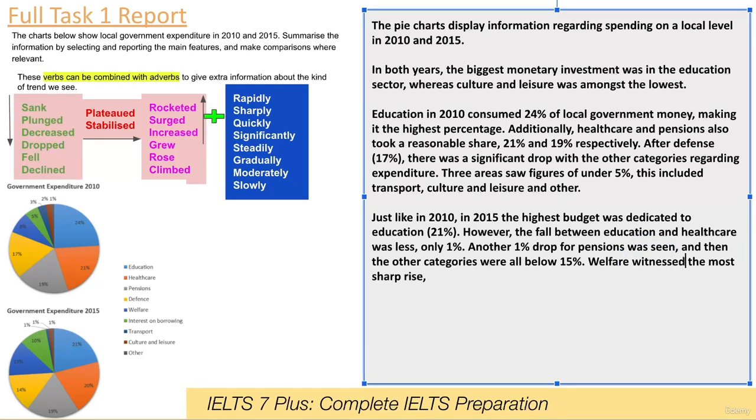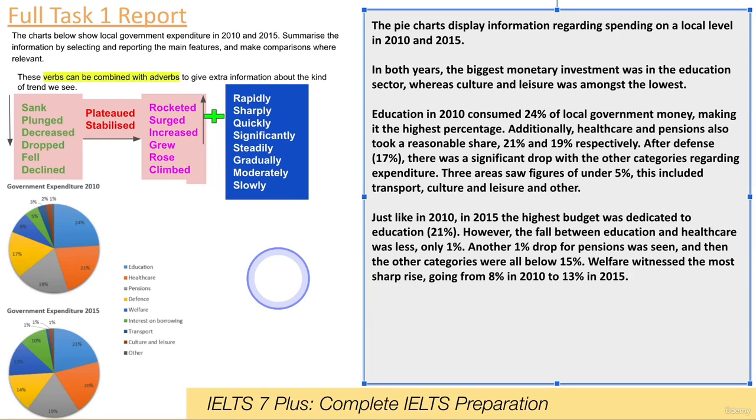Welfare witnessed the most sharp rise, going from 8% in 2010 to 13% in 2015.